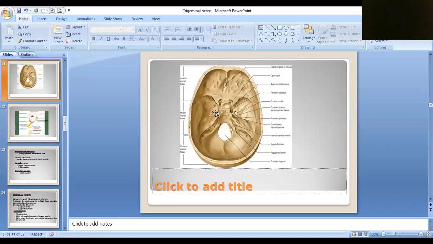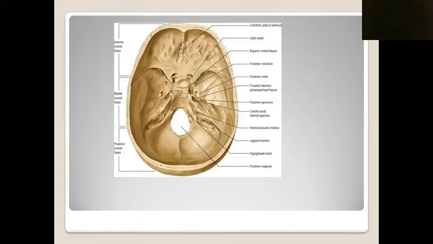From the ophthalmic nerve, this runs forward and reaches the orbit through the lateral part. See, this is the superior orbital fissure. This also passes through the superior orbital fissure, but through its lateral part.